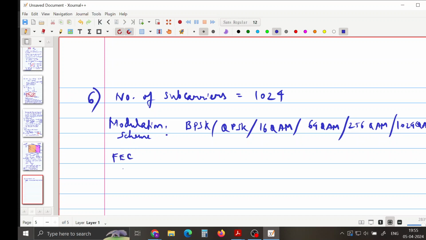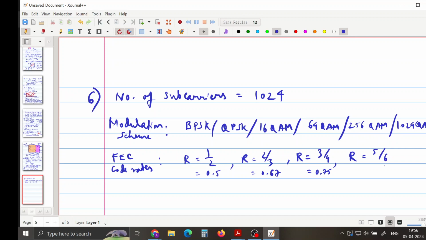Forward error correction code rates: R equals 1/2, which in decimal is 0.5. R equals 2/3 is there, which is 0.67. R equals 3/4, which is 0.75. And finally R equals 5/6, which is 0.83.